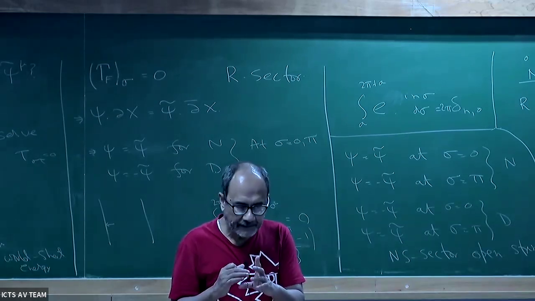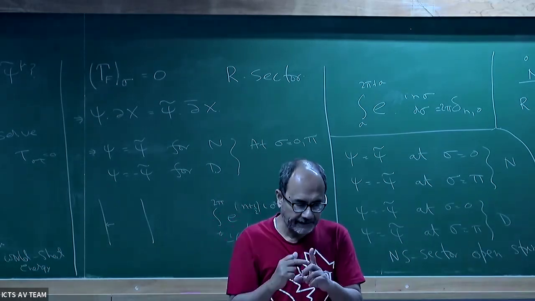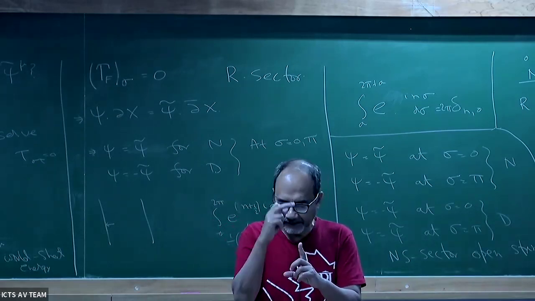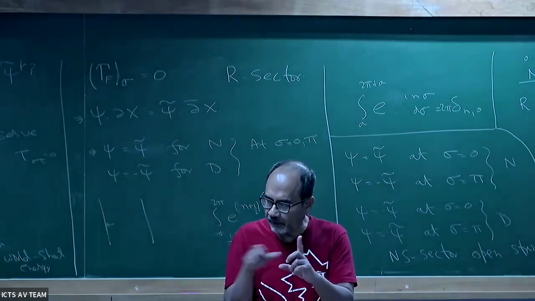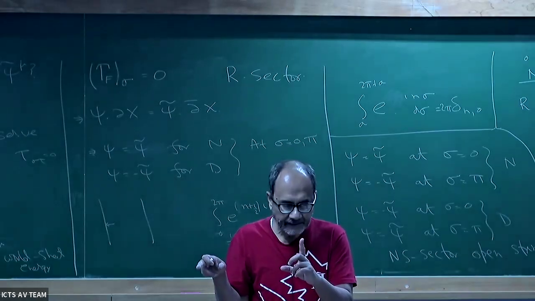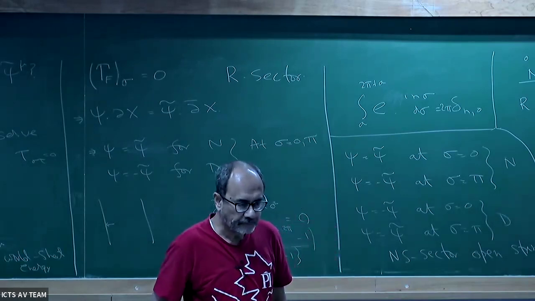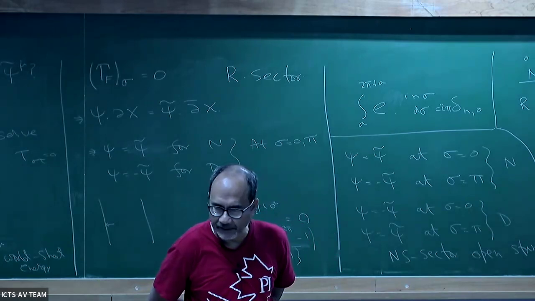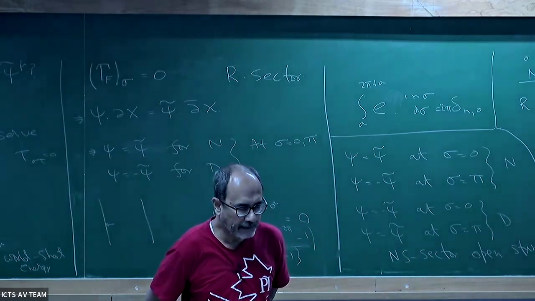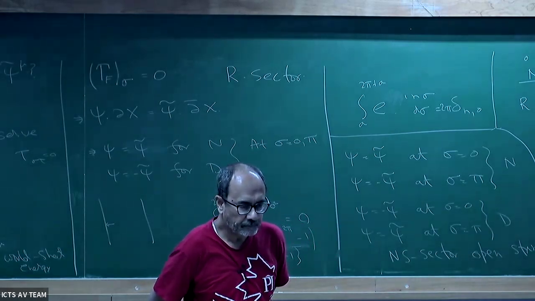Suppose this is the x1 direction. Then x1 will have N boundary condition for this string, but D boundary condition for this string. And for x2 it will be the other way. So the ND boundary conditions do appear in various open string configurations, if you have a complicated configuration of D-branes.